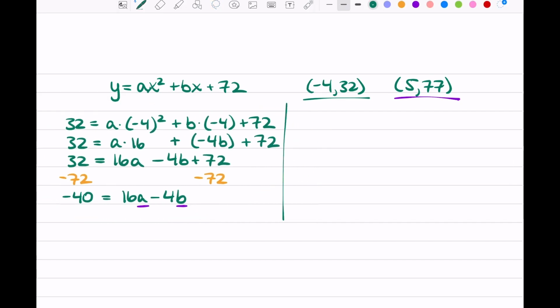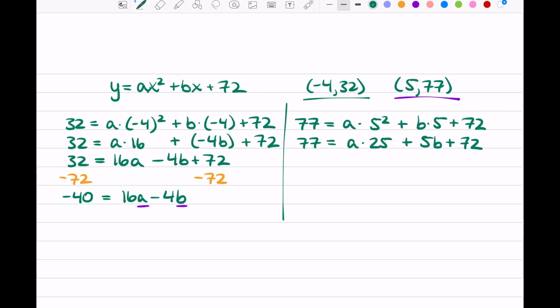Plugging in our second point, for y we have 77, and for x we have 5. 5 squared is 25. So we'll write this as 25a plus 5b plus 72. And again, let's get our a and b by themselves.